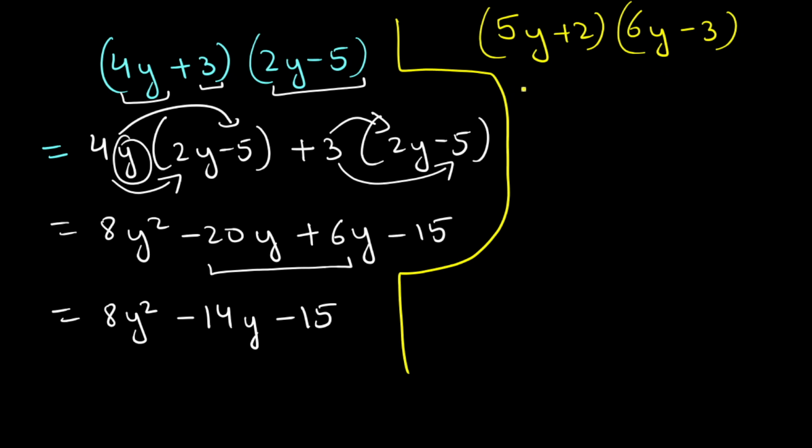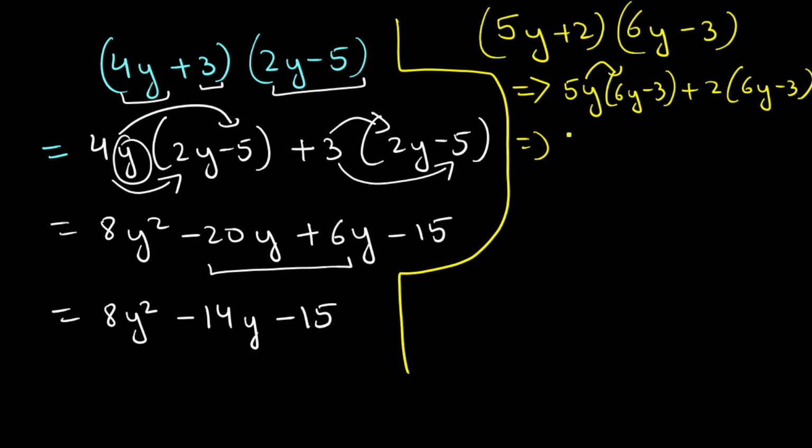Okay, go ahead and pause the video and then come back and look at the solution. So first we multiply 5y with the second set of parentheses, which is 5y times 6y negative 3, plus 2 in the parentheses 6y minus 3, and then we will simply solve them.